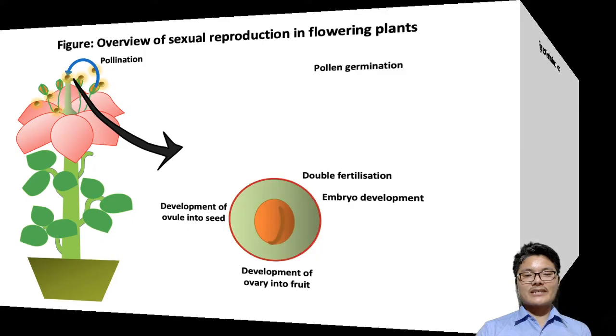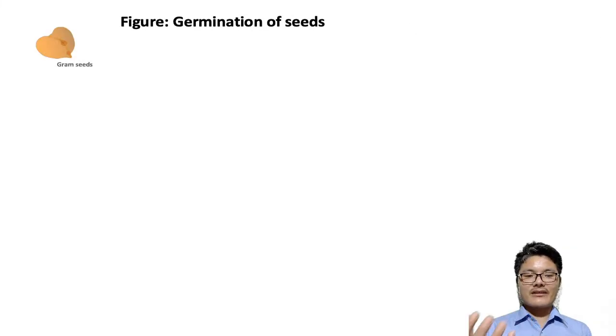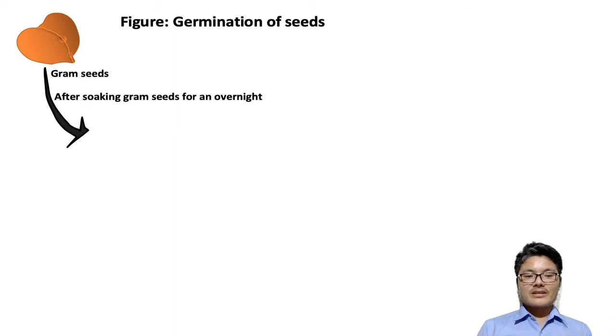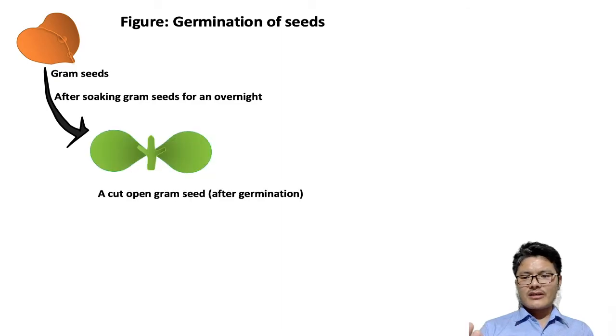So let's look at germination of seeds. You have seen gram seeds, right? Which we usually consume as a protein source. Now, if we soak gram seeds in water for say one night, then the seed will try to germinate.